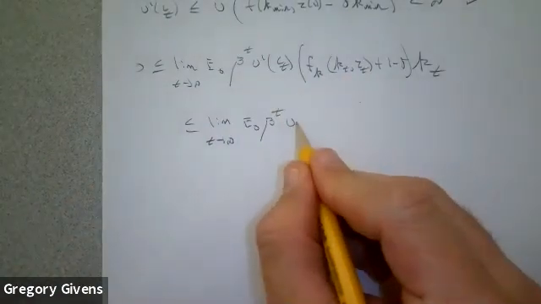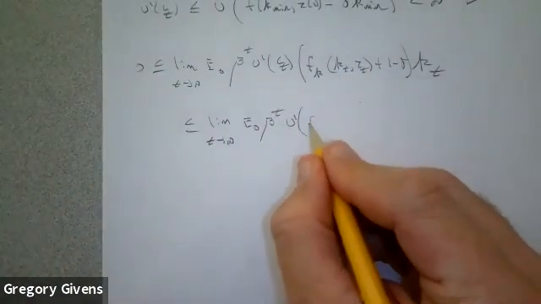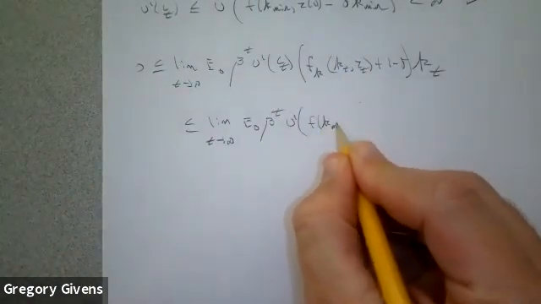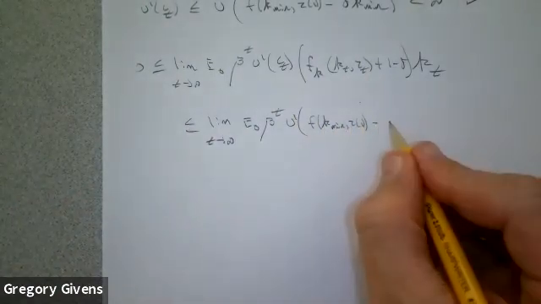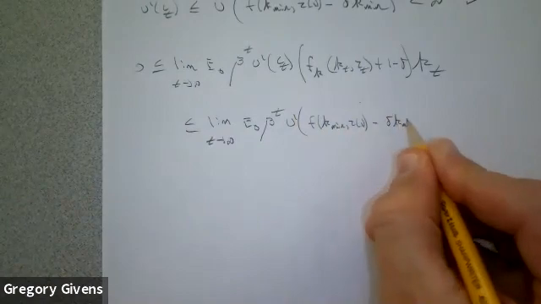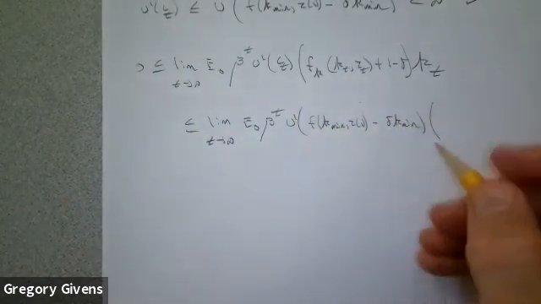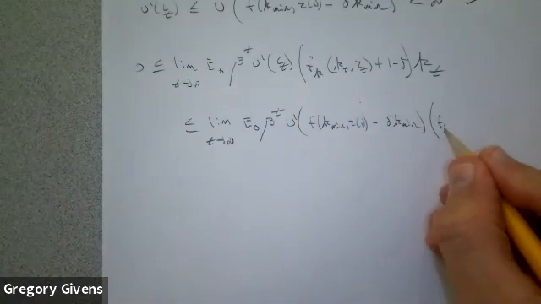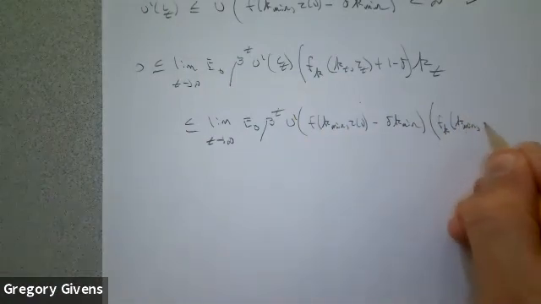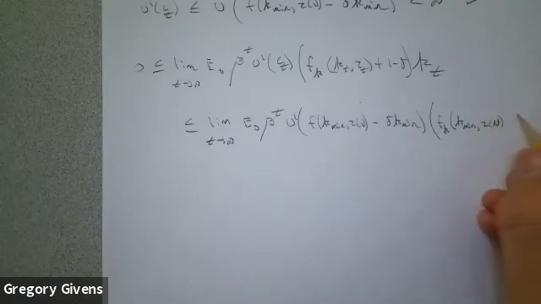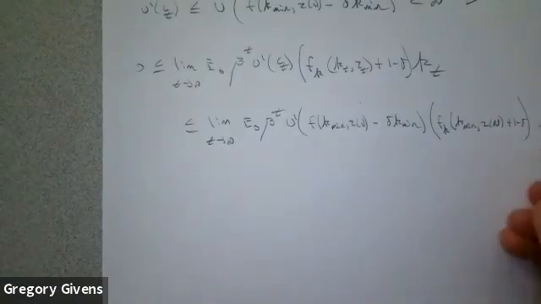That is u prime of f of k min, z1, minus delta k min, times f sub k of k min, z_n, plus 1 minus delta, times k max.